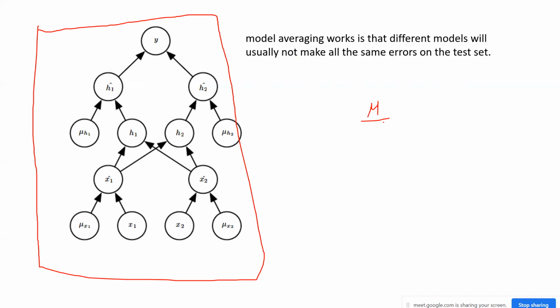Mu is a random parameter. We are applying a random parameter to each and every input unit as well as hidden unit. So this mu is a random parameter we are considering.